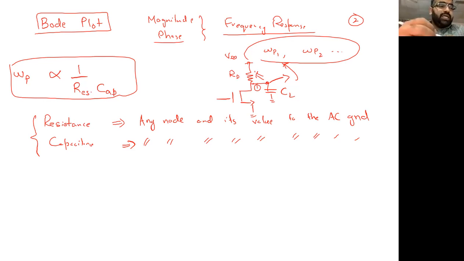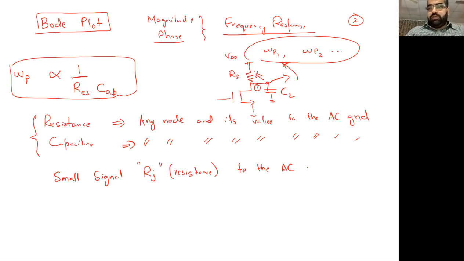And if we want to generalize that stuff, we can say a small signal resistance Rj at node j to the AC ground, and a small signal capacitance Cj again to the AC ground.